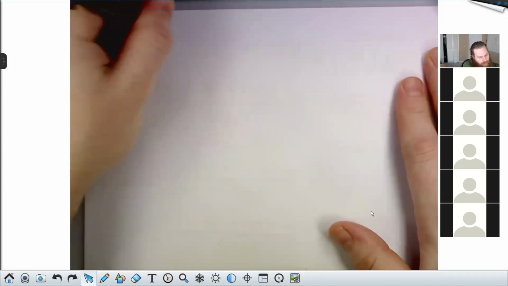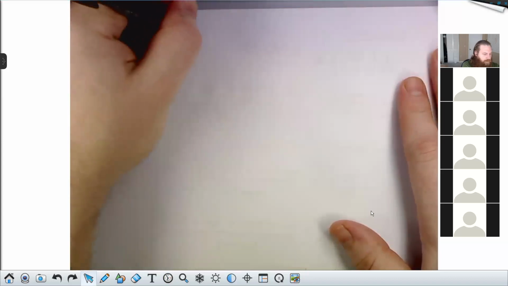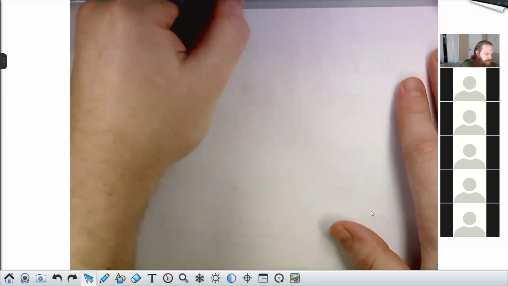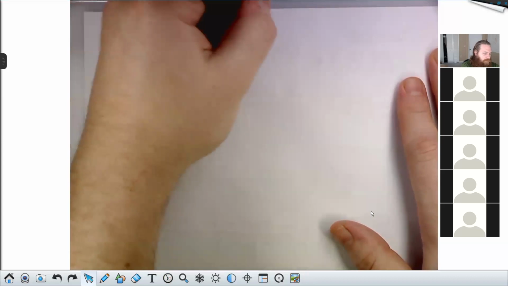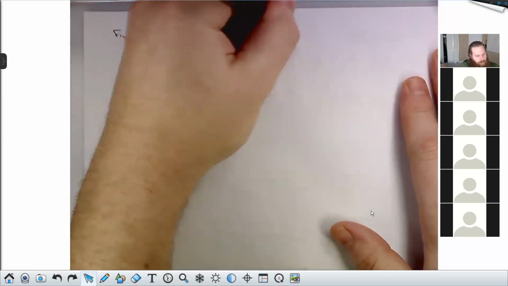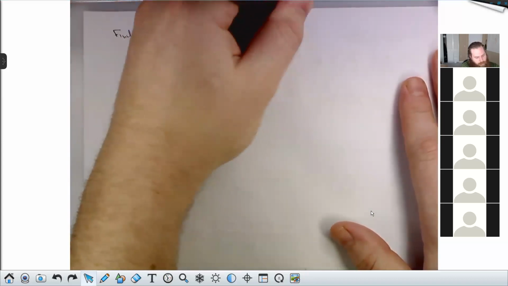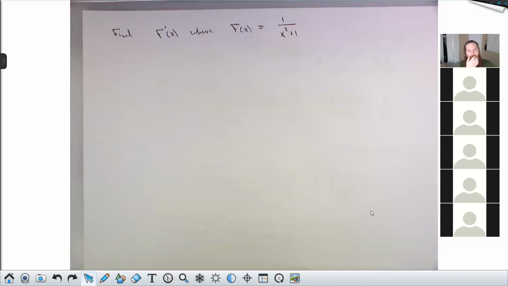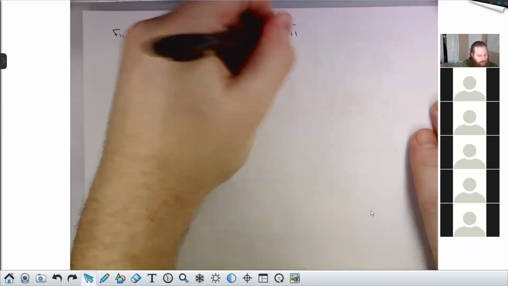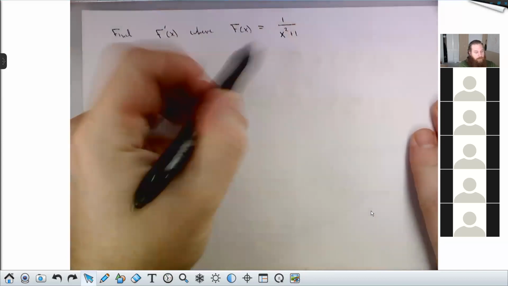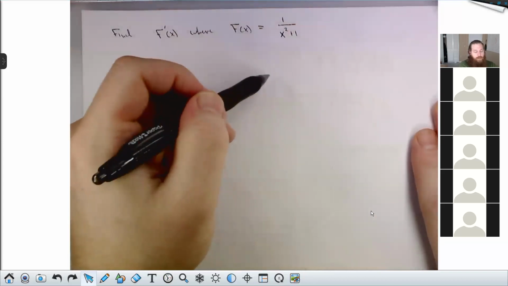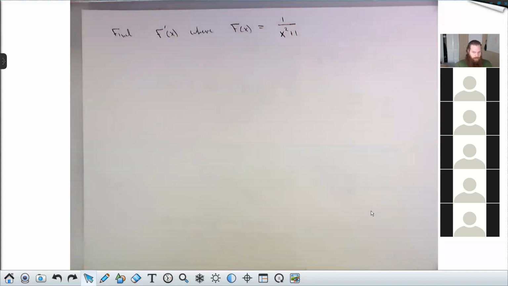Let's find capital F primed of x, where capital F of x is, and this is one of my favorite functions, 1 over x squared plus 1. The graph of this function is really neat. If you haven't seen it before, I'll show you in Desmos really quick.